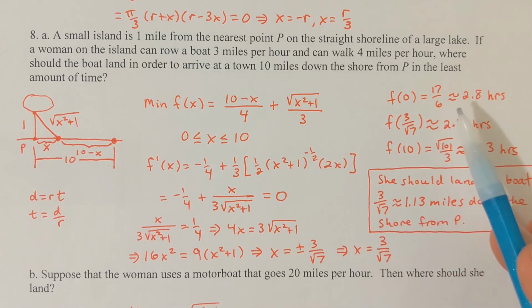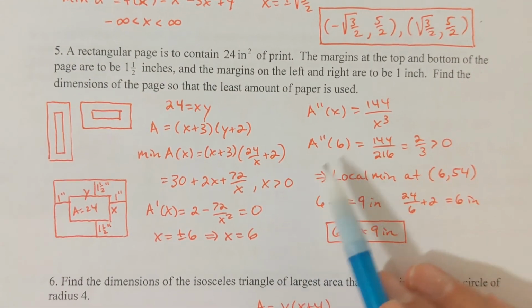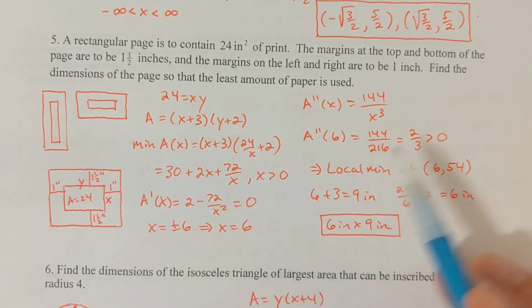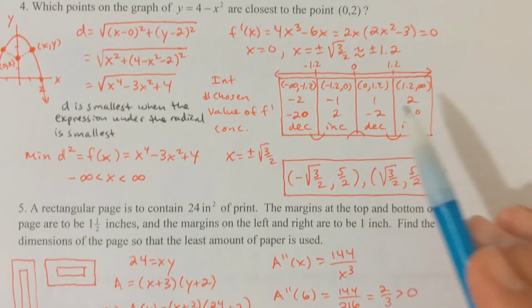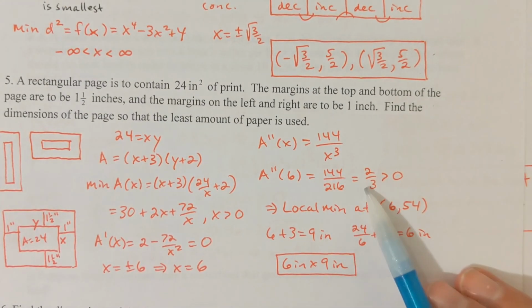Otherwise, if we're using an open interval, like was the case here in problem 5, for example, we are not using techniques from section 4.1, but rather techniques from section 4.3. You need to find your critical numbers, and then you need to prove that that critical number produced an absolute max or an absolute min. You can use the first derivative test or the second derivative test. I don't care which one.